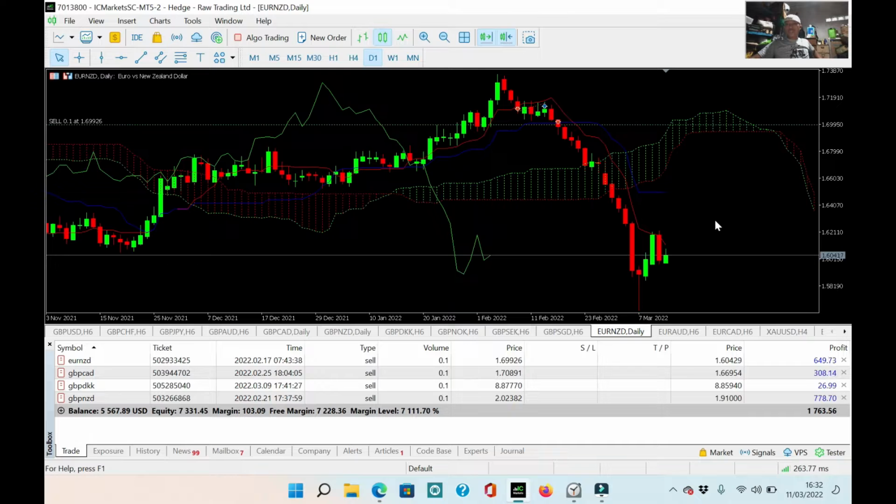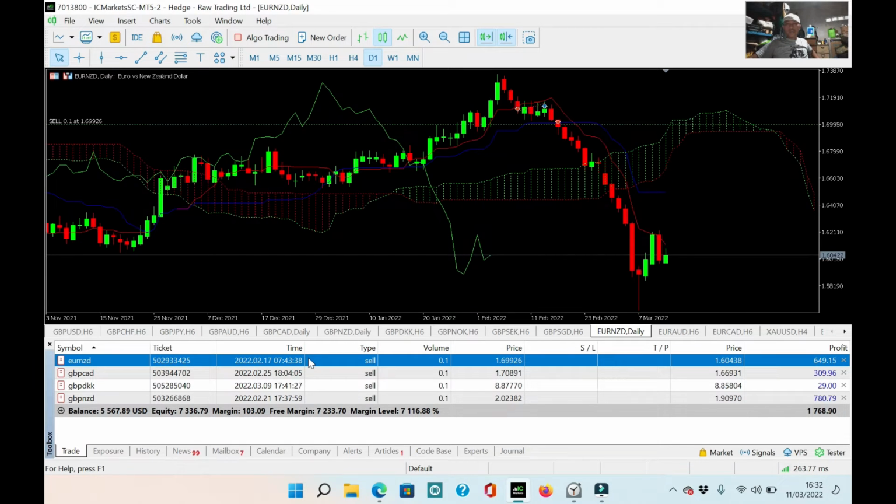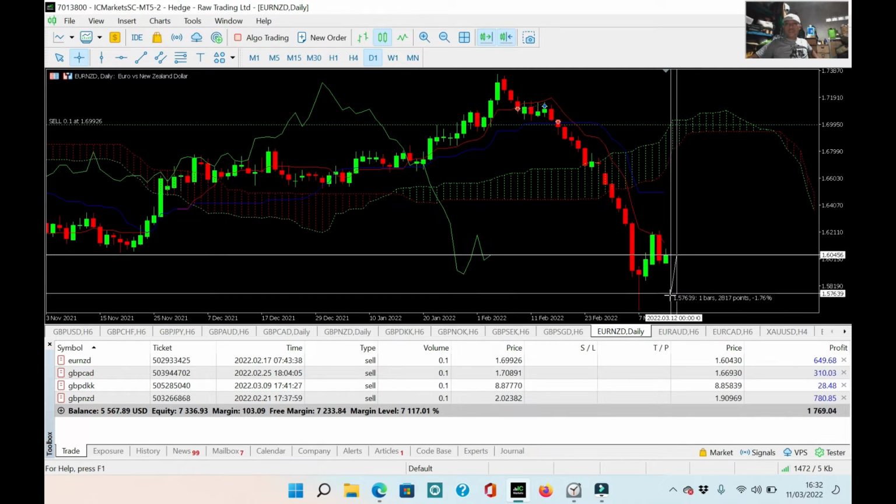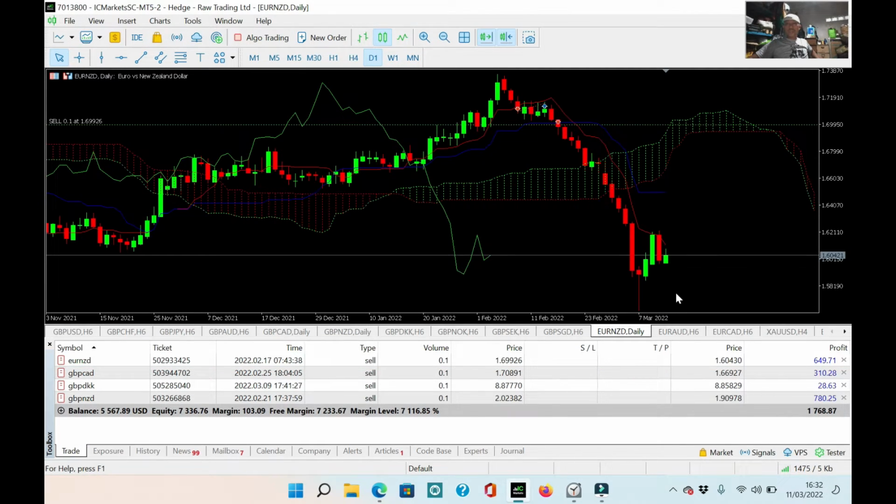Okay, this is the last open position that I had. This is Euro New Zealand dollar. For the moment, I'm floating profit 649. You can see here, this is the lowest candle. So it seems like the price tries to retrace back up, but for the moment it's still remaining bearish.